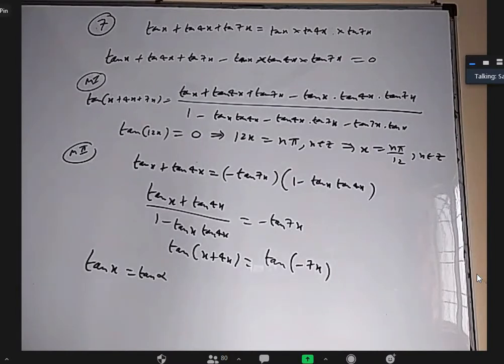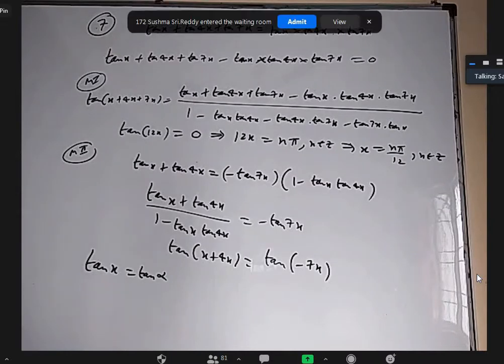Are you there, Harshikar? No. Chandini, what is the general solution for tan x equal to tan alpha? Sir, n pi plus alpha. Okay.